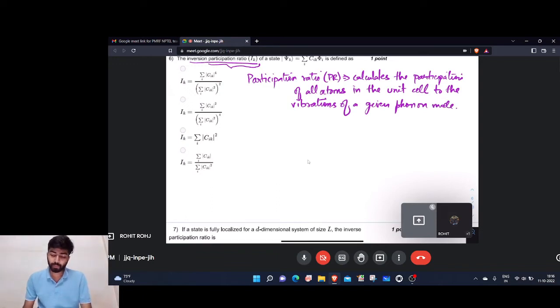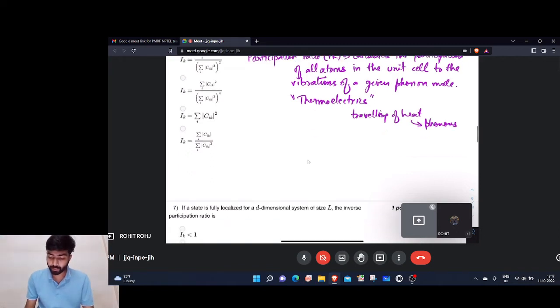So this participation ratio is more discussed in the context of thermoelectrics, where we are more concerned with traveling of energy or traveling of heat. Heat is nothing but phonons.